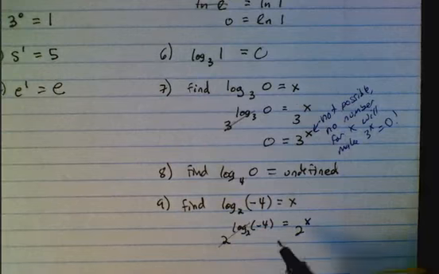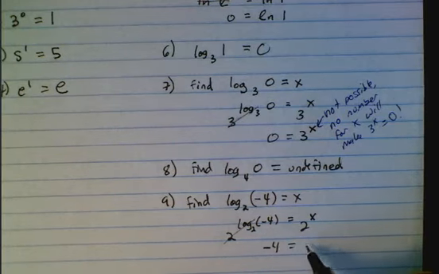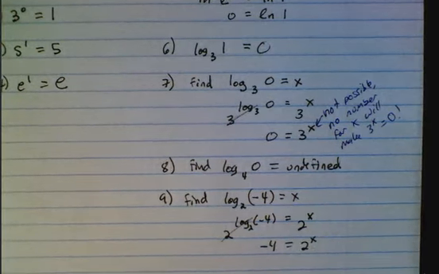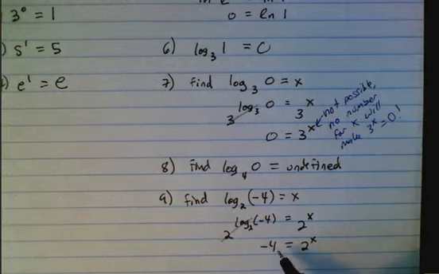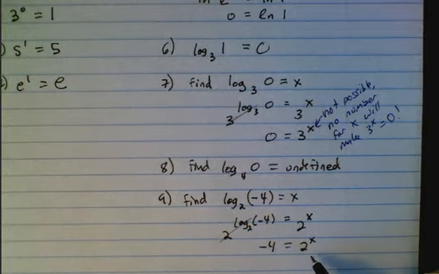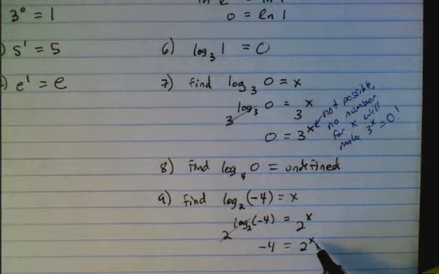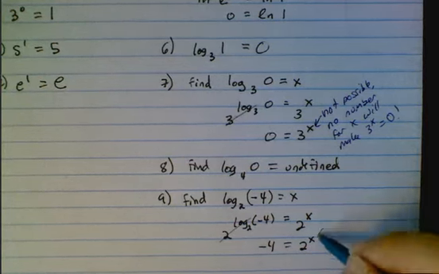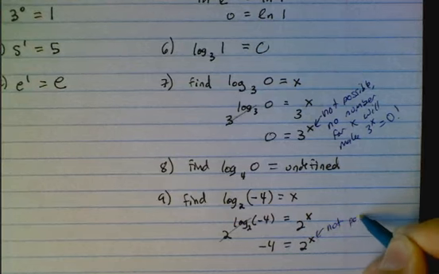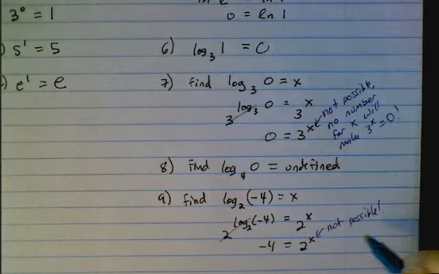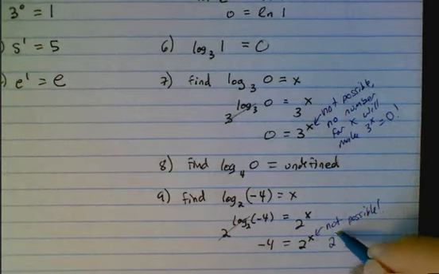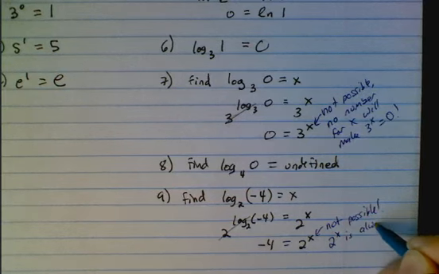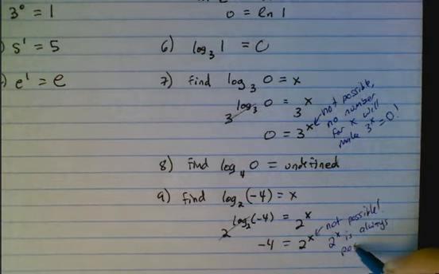But once again, we're left looking for what number can we do 2 to that number and get a negative number? Once again, there's no number. 2 to the 0, that's 1. 2 to the negative 10th, that's going to be a fraction, but it's going to be a positive fraction, not a negative fraction. So this is also not possible. 2 to the x is always positive.